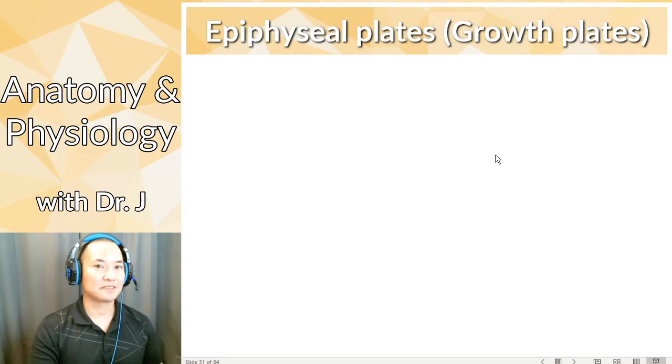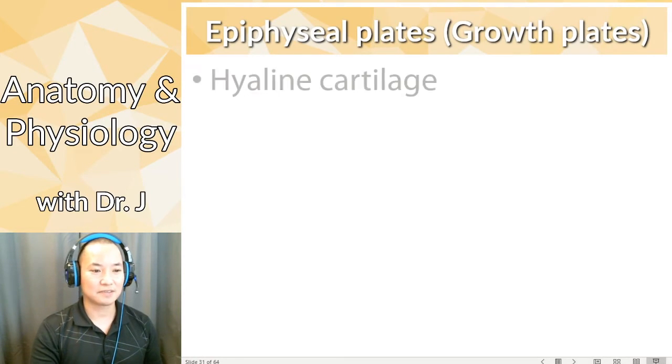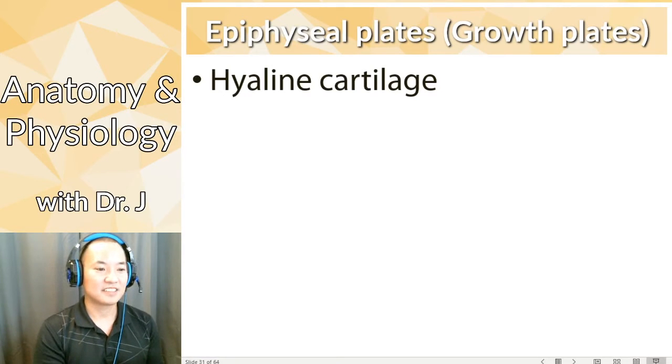Well, they're involved in growth, and they're plates. So the plates are something flat, right? So there's something flat that's involved in growth. These are hyaline cartilage. So remember that when you have endochondral ossification, you had that first center forming in the middle in the diaphysis, but you also had the bone forming at the very ends in the epiphyses.